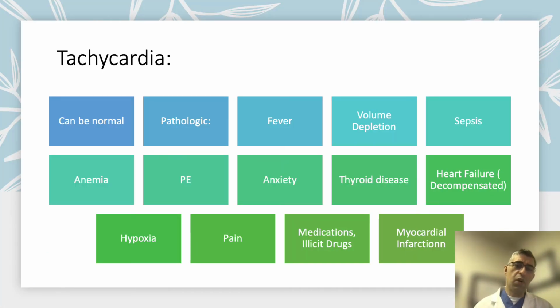But it's very important to know the causes of tachycardia. Technically, by conventional tradition, tachycardia requires the heart rate to be greater than 100 beats per minute. But that can be absolutely normal. For example, when you exercise, it's a physiologic response.